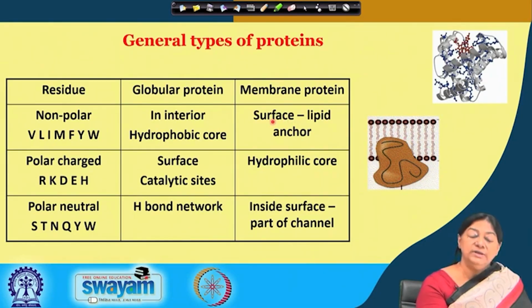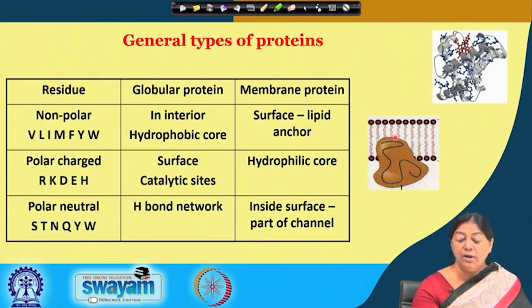For a globular protein, again the polar charged amino acid type is going to be at the surface or at the catalytic sites of the protein, whereas in the membrane protein they form the hydrophilic core. Now, this is a very smart way, because if we have a transmembrane protein and a hydrophilic core, then that will allow the transport of ions from the inside to the outside of the cell or from the outside to the inside of a cell.